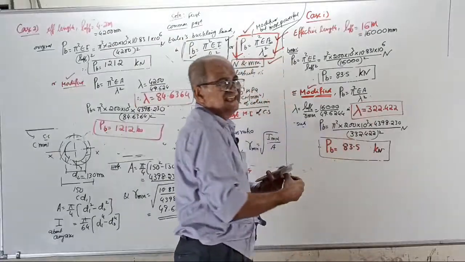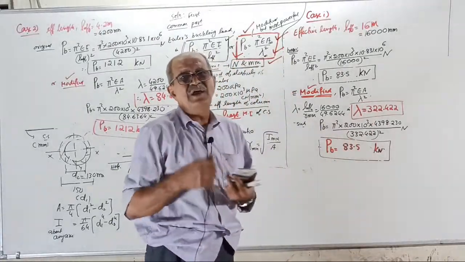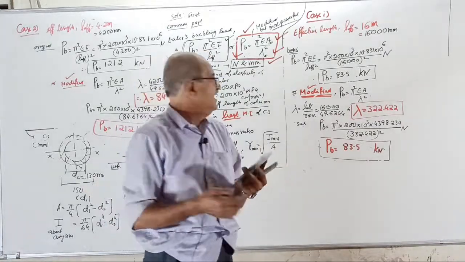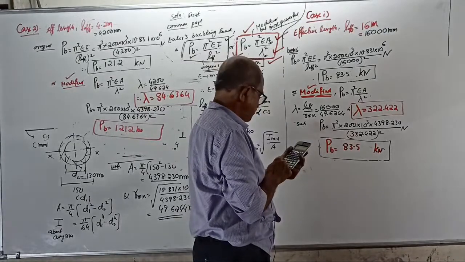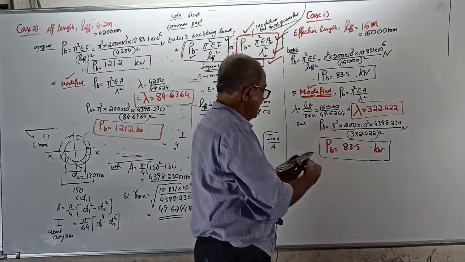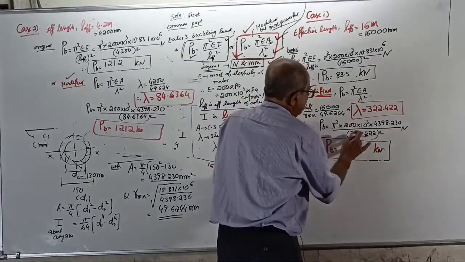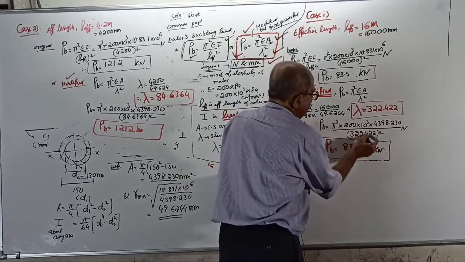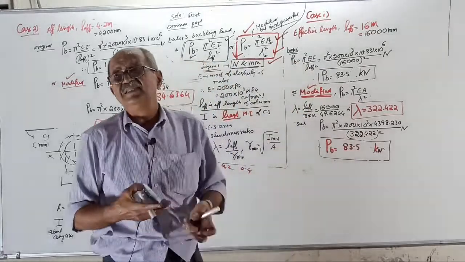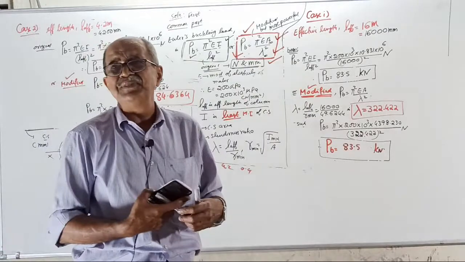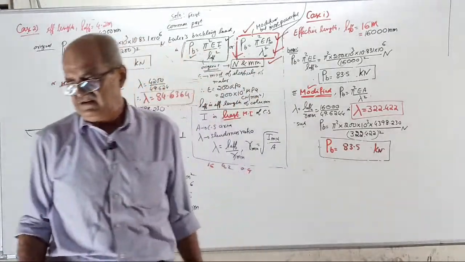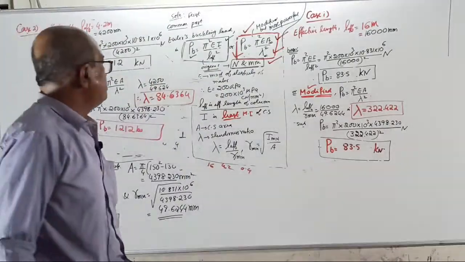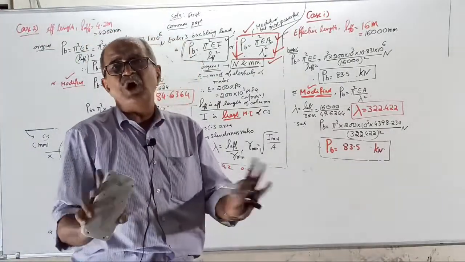It is 322. Print mistake here. See, you are first of all not observing. It is 322.422 square. How is it possible? 322, print mistake. You are not observing. If you don't involve yourself in the calculation, when I write the answer, you should tell immediately, not just tally. First of all, I never got any shock.